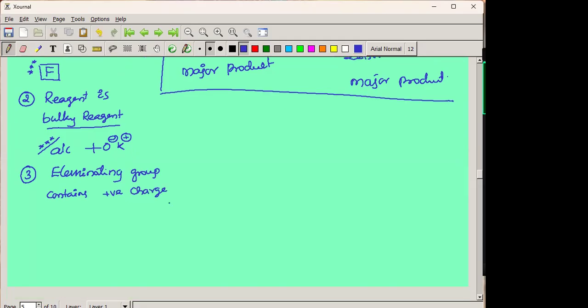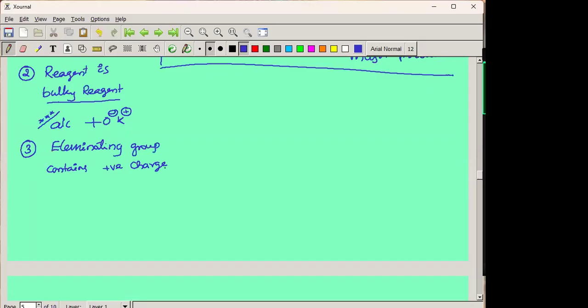If that contains a positive charge, then the formed product is a Hofmann product. For example, how does the eliminating group get a positive charge? There is nitrogen, like this, N plus. So the positive charge is there. This is a group containing a positive charge. Now the formed product is the Hofmann product.